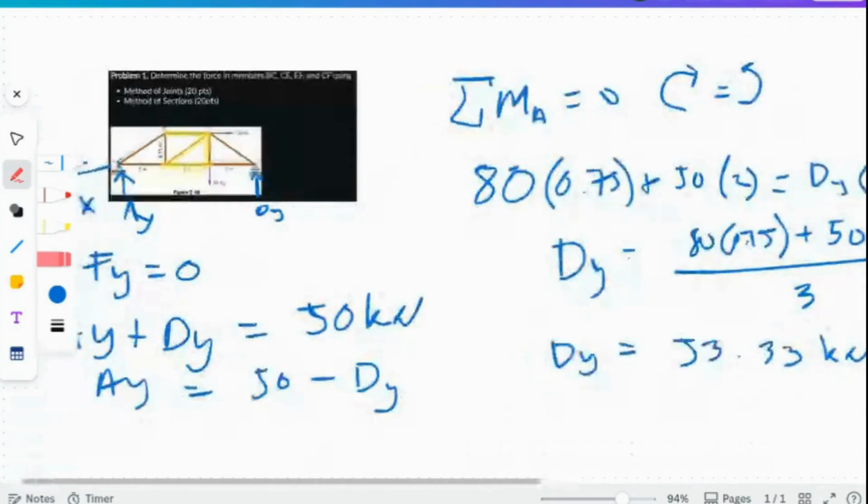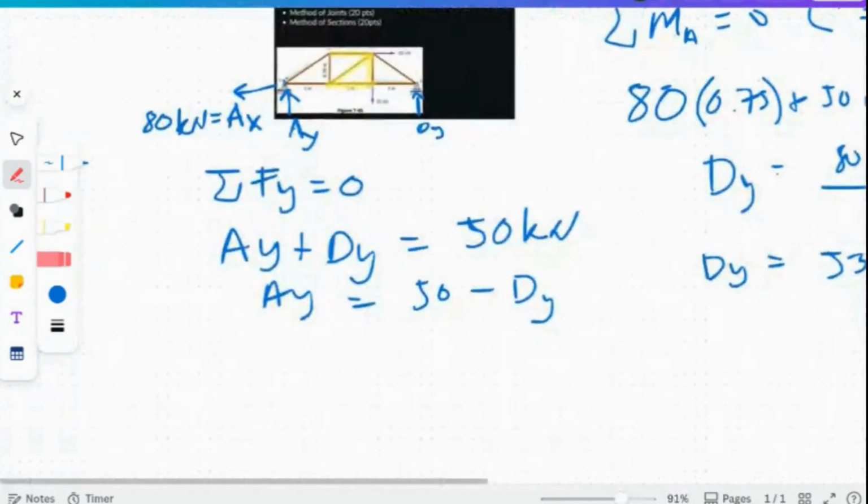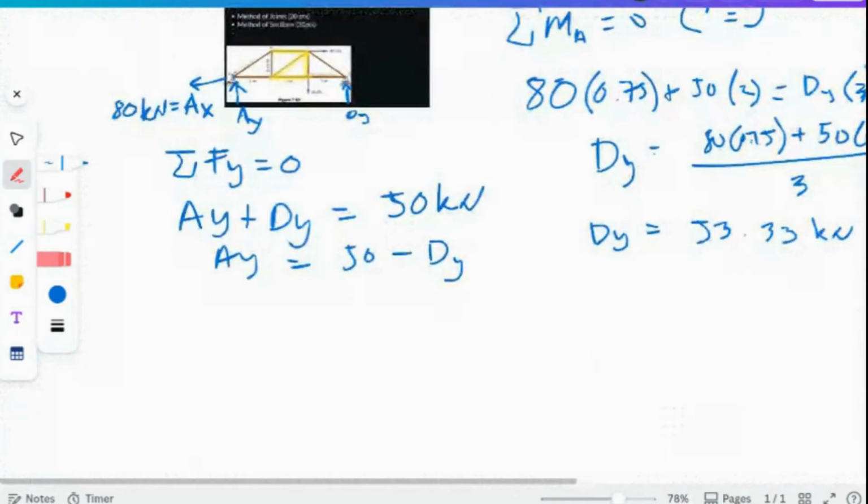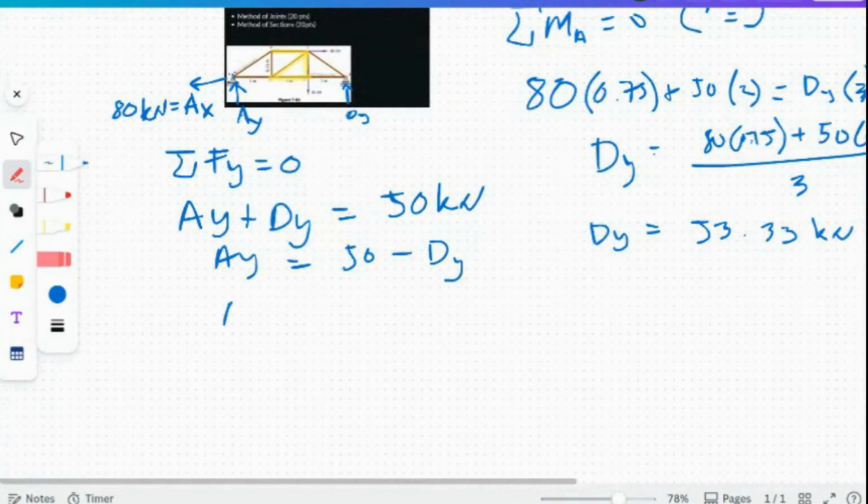So when you get back here, in your AY equation, you will have AY is equal to 50 minus 53.33.